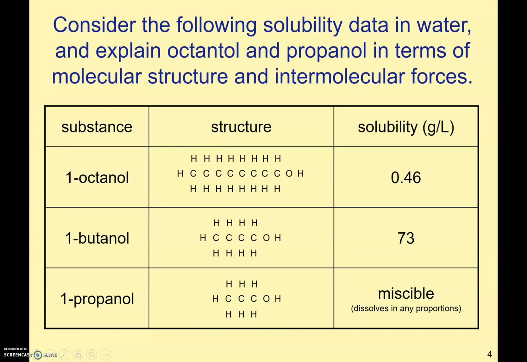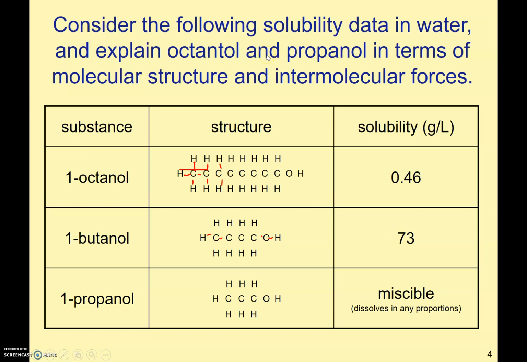So here, what's missing, by the way, and you can fill them in if you want, are bonds. I'm just not drawing the bonds. But everywhere there's a single bond between all the atoms, they're all sigma bonds. They're just missing. It says, consider the following solubility data in water, and explain octanol and propanol in terms of molecular structure and intermolecular forces.